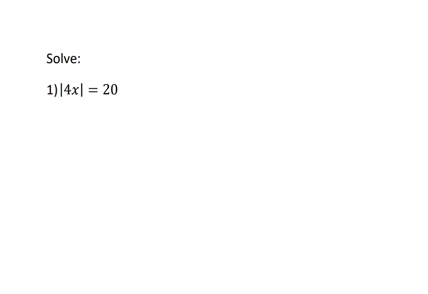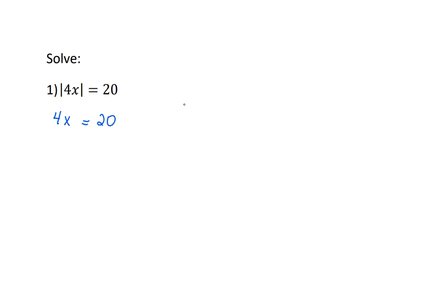So in order to do this, our first step in solving any absolute value equation is to get the absolute value by itself on one side of the equal sign. So that's already done for us. The absolute value of 4x is on one side of the equal sign. Then we take that out of the absolute value. So now we're saying that this distance, 4x, is 20 spaces from 0 on the number line.